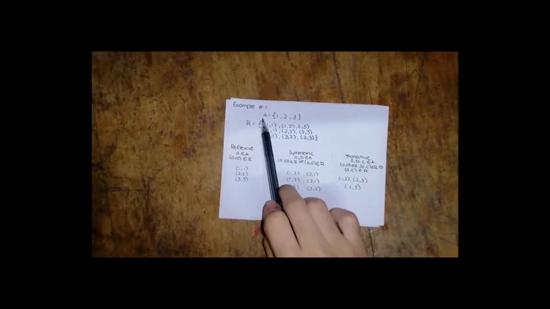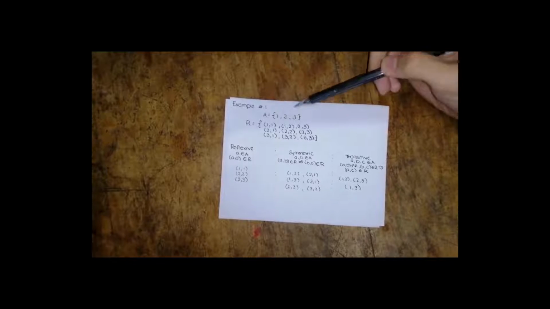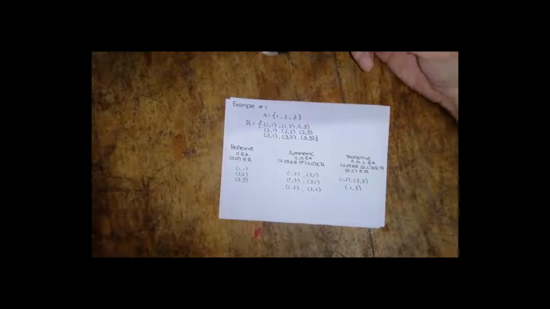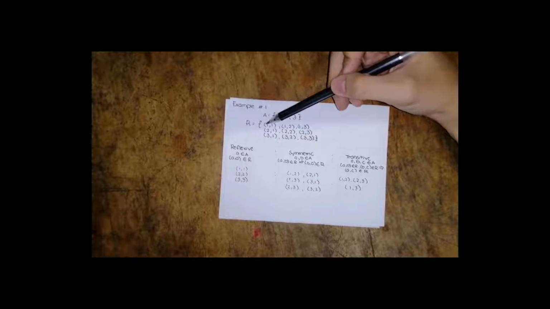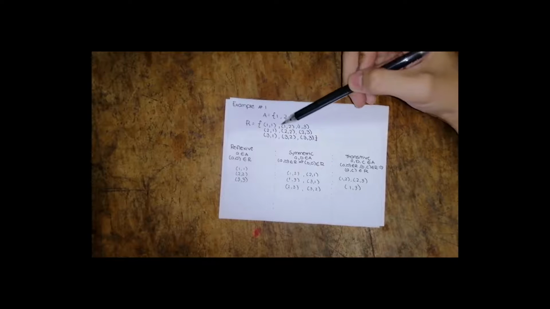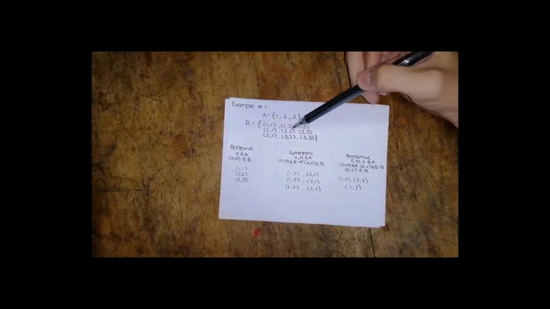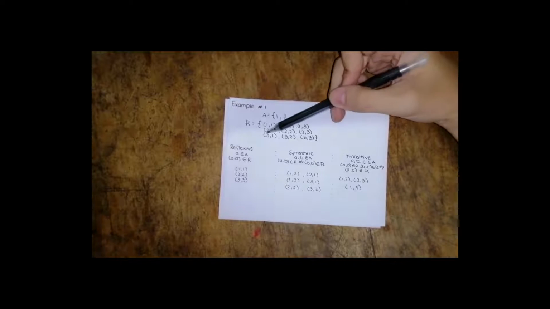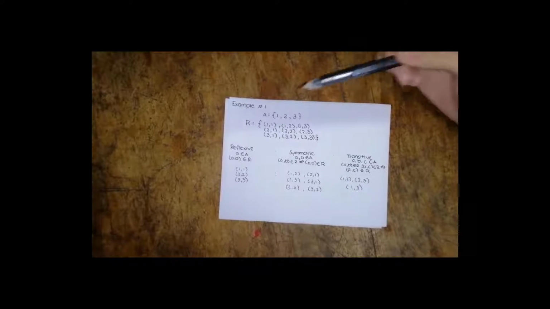We let A have the values of 1, 2, and 3, and the relation have ordered pairs 1 and 1, 1 and 2, 1 and 3, 2 and 1, 2 and 2, 2 and 3, 3 and 1, 3 and 2, 3 and 3.